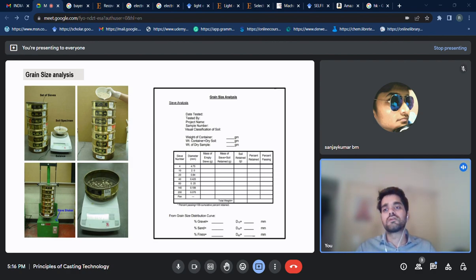That's true. As I told, if you talk about clay, there are different types of clay, like kaolinite, bentonite, and depending upon the structure, some have a rod-like structure and some are different. But if you do grain size analysis of them, civil engineers do this, and metallurgists and mechanical engineers also need to do it some part of the time for their studies, right?